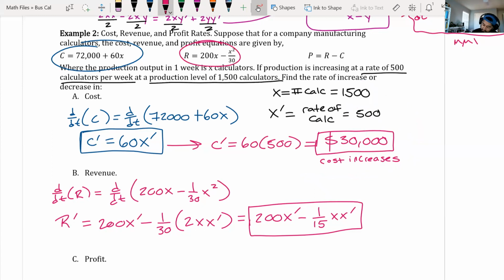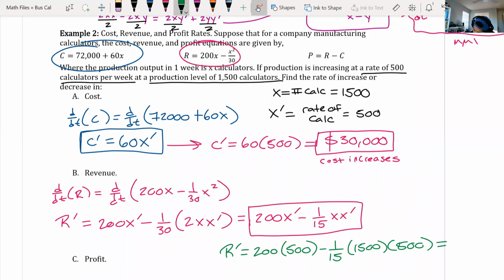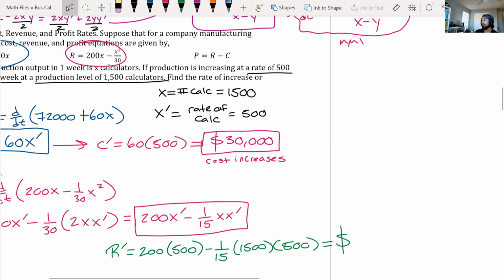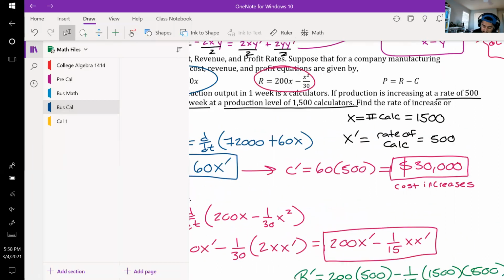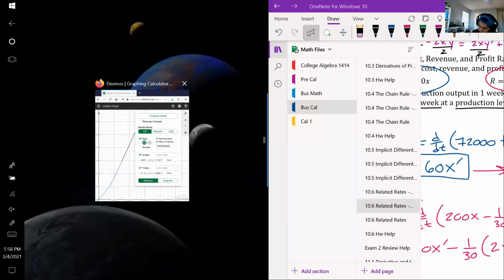Okay, so R prime is going to be 200 times x prime, which is 500, minus 1 over 15 times x, which is 1500, times x prime, which is 500. Okay. And I guess I could use Desmos to help type that in. Let's go calculator.